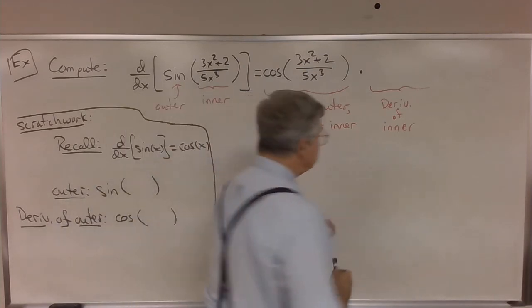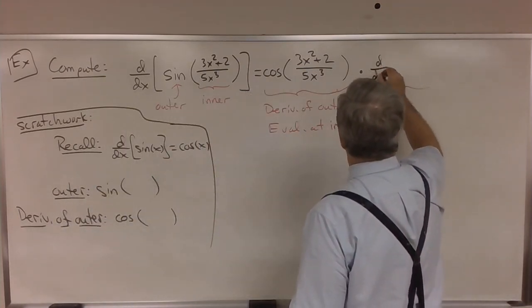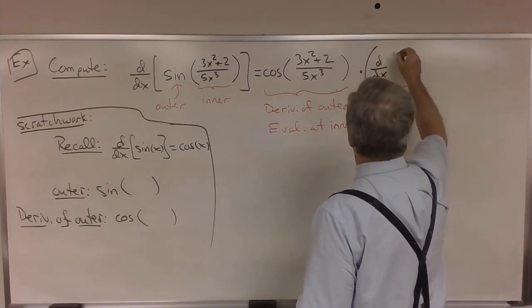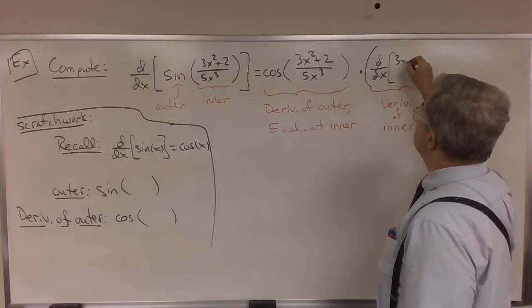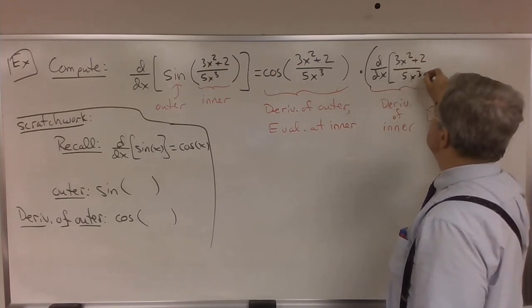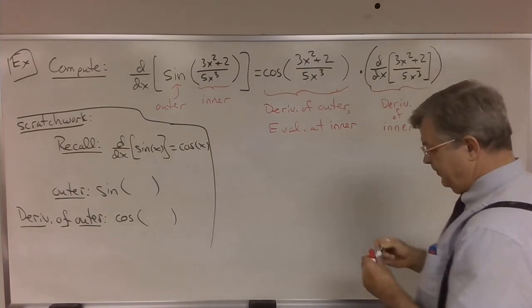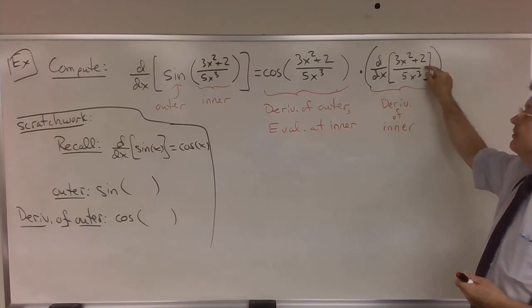What I'm going to do, I'm going to write myself another one of these sticky notes. The derivative of 3x squared plus 2 over 5x cubed. There. Now technically this is the derivative of that expression.